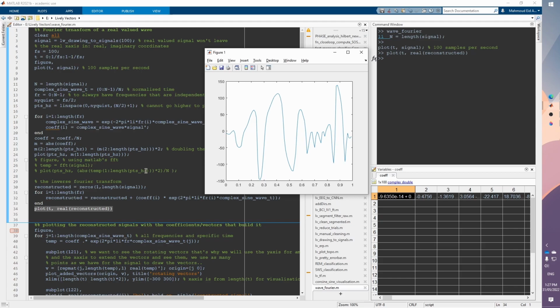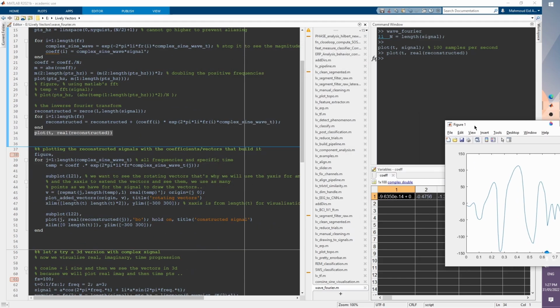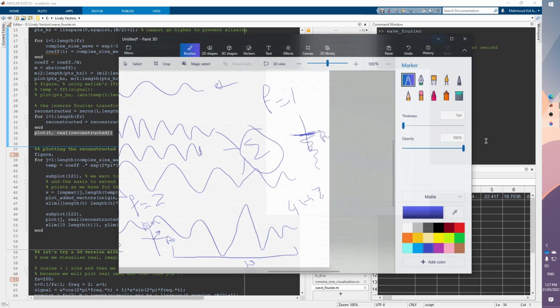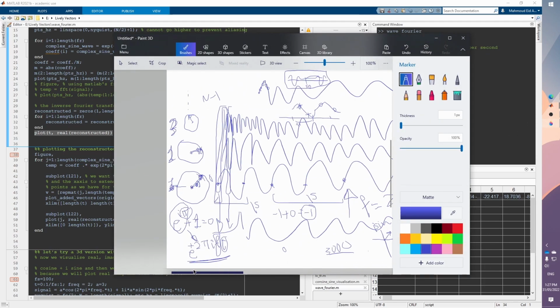So right now we will try to do something else, and I think it's very interesting. We will try to visualize these rotating vectors and see them at every time instant.